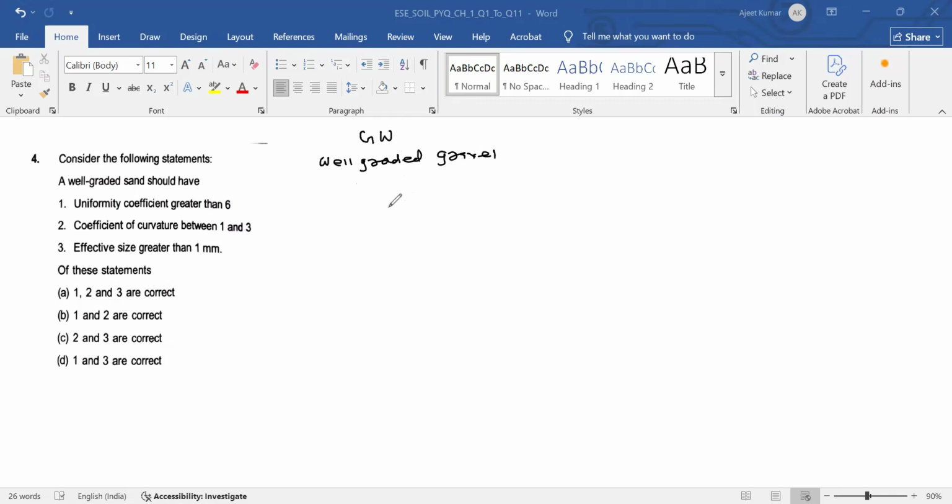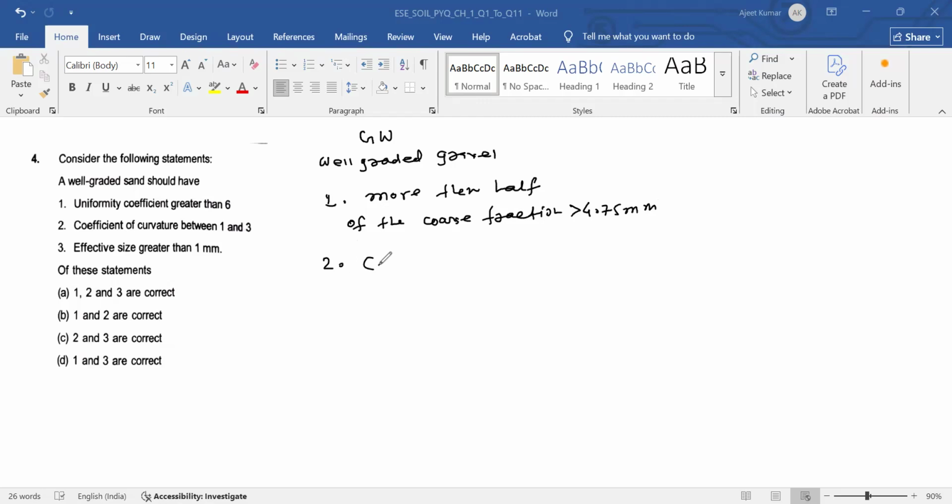For soil to be well-graded gravel, the first condition is more than half of the coarse fraction must be greater than 4.75 mm.